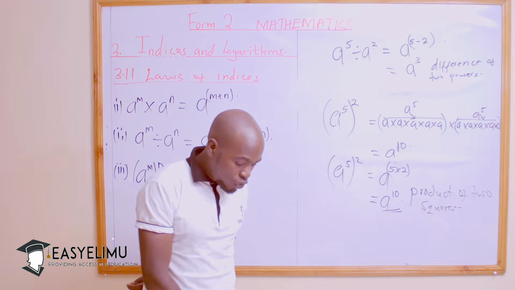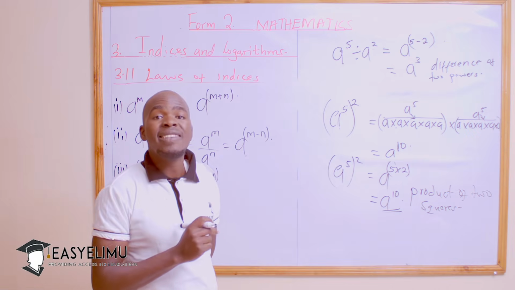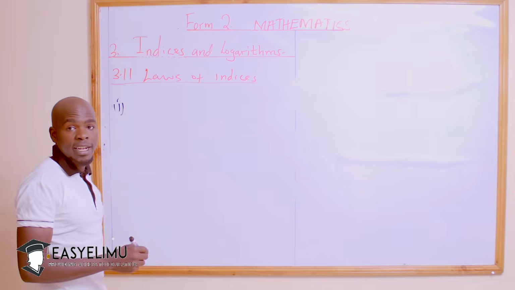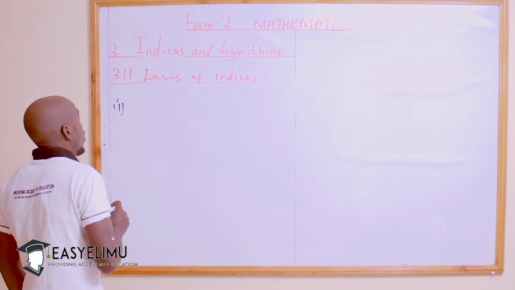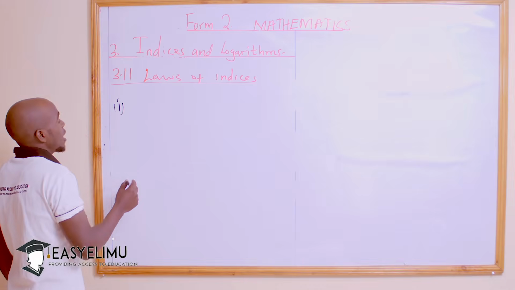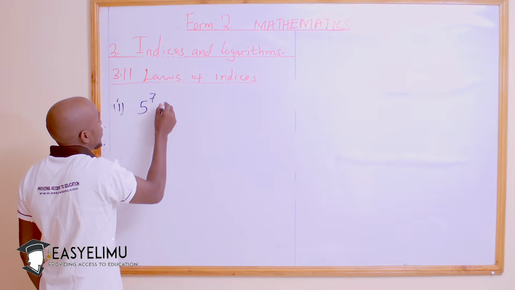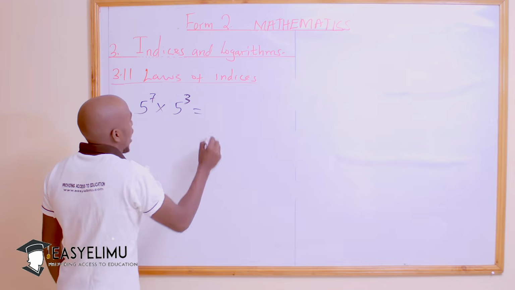Next, we are going to see some examples, working them out with the same bases. Let's take the first example, pertaining to the first rule, or law, of indices. We shall consider 5^7 multiplied by 5^3.